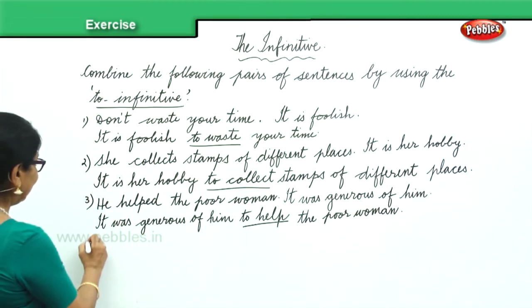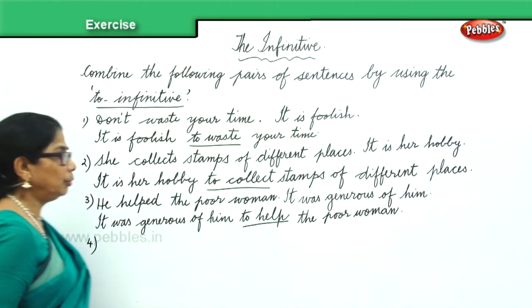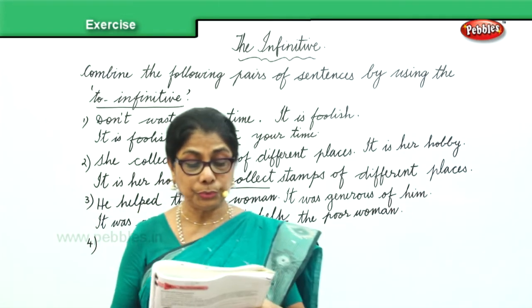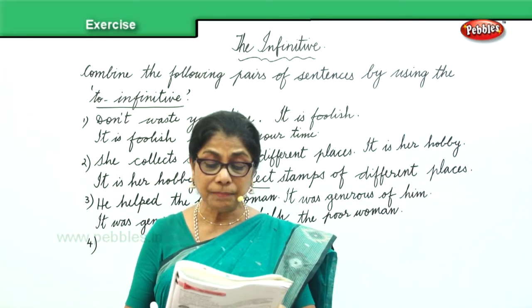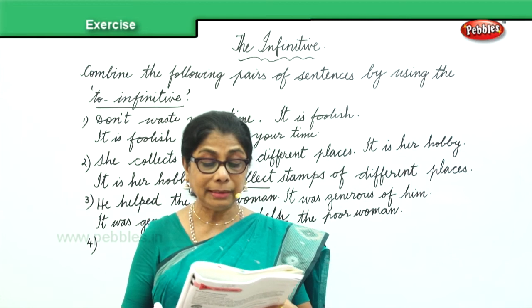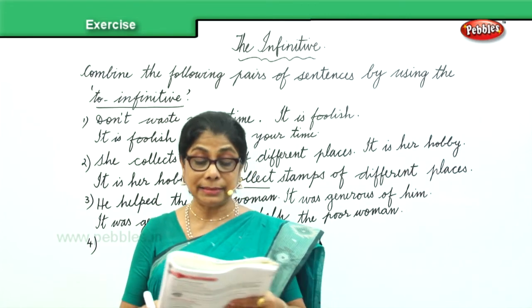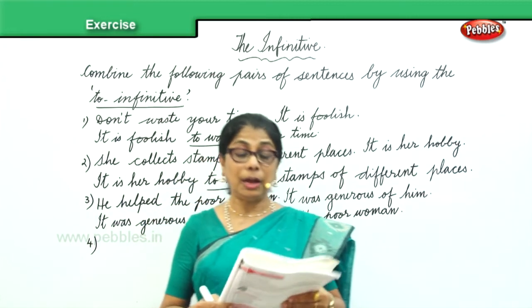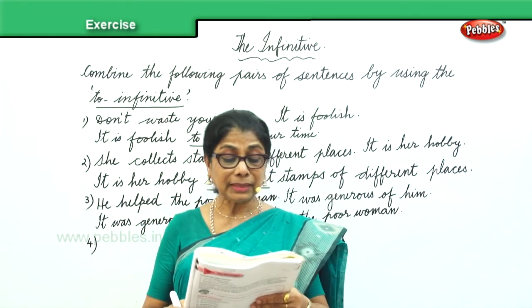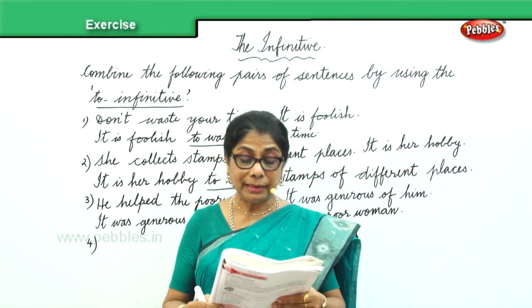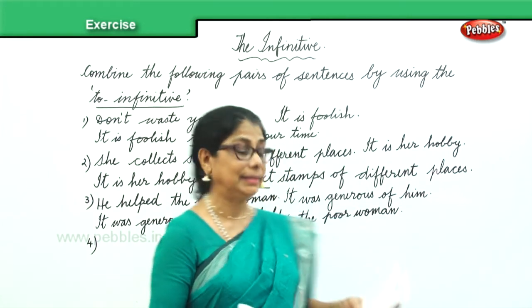Okay? And then we have one more sentence for you to do. Millions of people bathe in Ganga. The purpose is to wash away their sins. So, how will you combine that? Millions of people bathe in Ganga to wash away their sins.